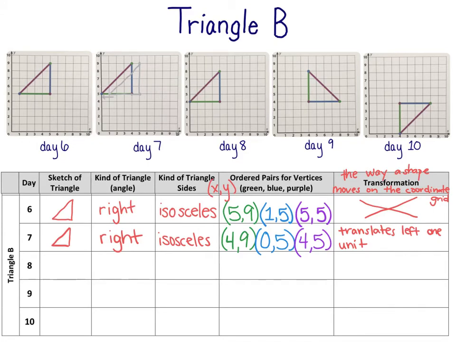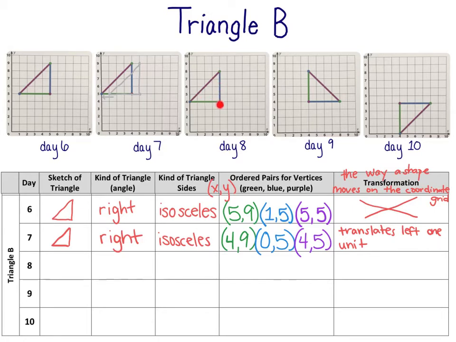Okay, time for day 8. Go ahead, sketch the triangle right here. We can see that day 6, day 7, and day 8 all have the same shape. So we can see this is still a right triangle.